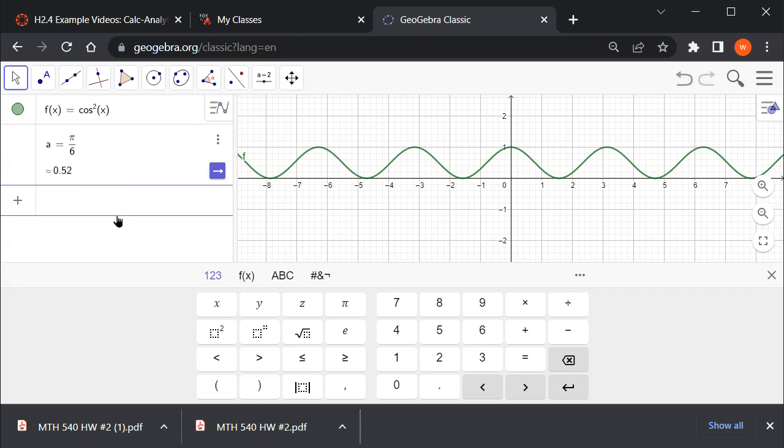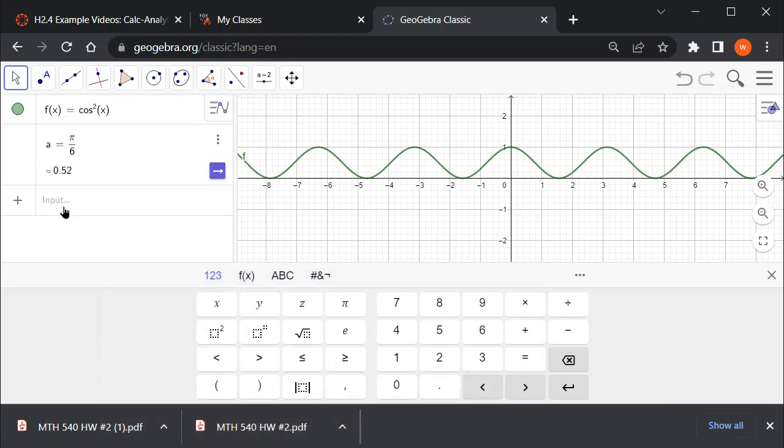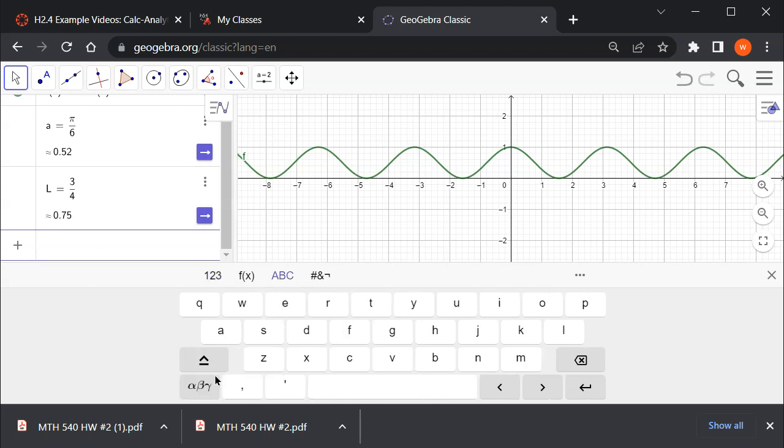We have that. And the limit value, let's say I forgot what it was. The limit value is 3 over 4, so I'm going to put L is equal to 3 over 4. What else? We need the epsilon value, so we can go to the Greek letter epsilon.